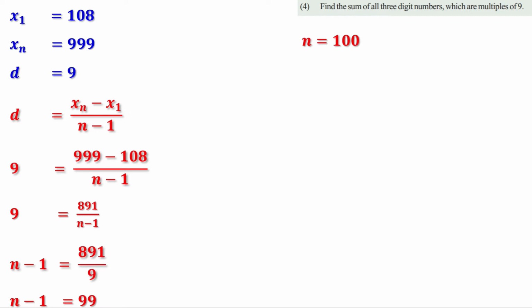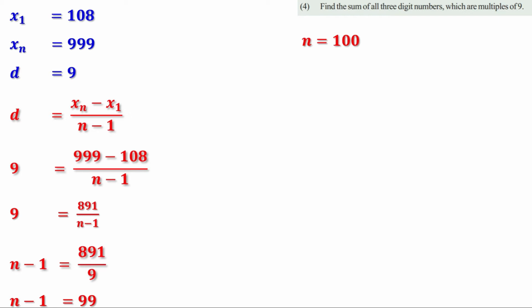So let us subtract all those multiples. Then we will get the number of multiples of 9 which have 3 digits. That is, this is the 111th multiple. From that we have to subtract 11 multiples because they are of either 2 digits or 1 digit. So 111 minus 11, we get 100. So once again we get the number of terms is 100.